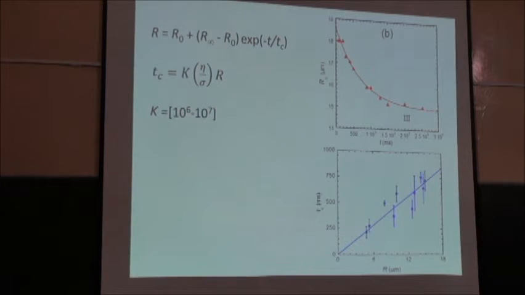It means that if we had only viscous dissipation to recover the shape of the drop, we'd have a time which will be eta over sigma times r. But the fact that there is a contact line makes a prefactor which is on the order of 1 million, 1 or 10 million. And that's due to the fact that the contact line has to move.